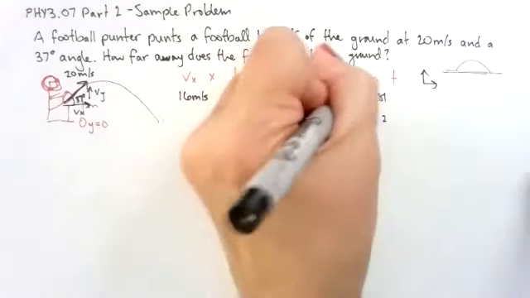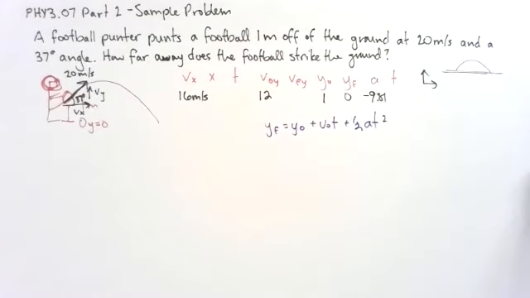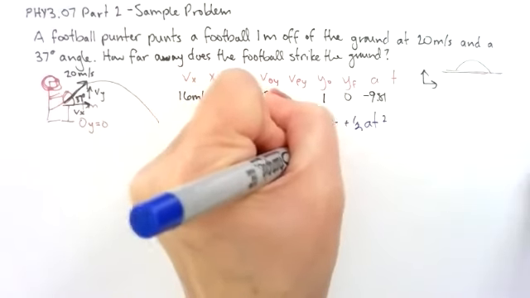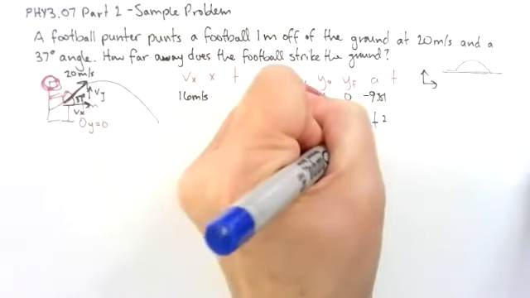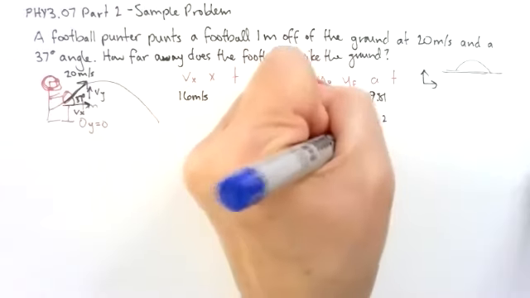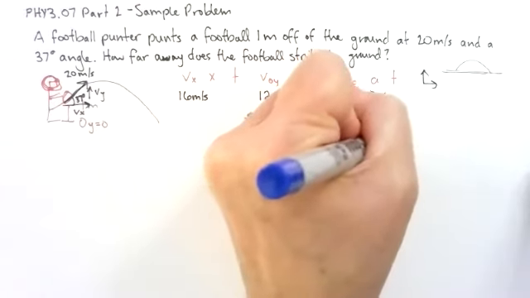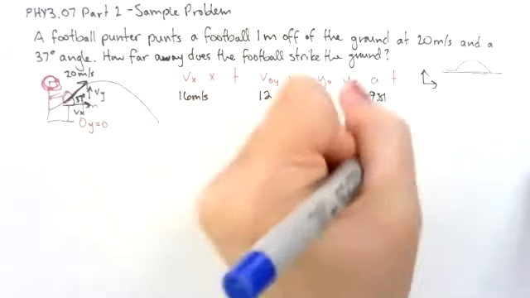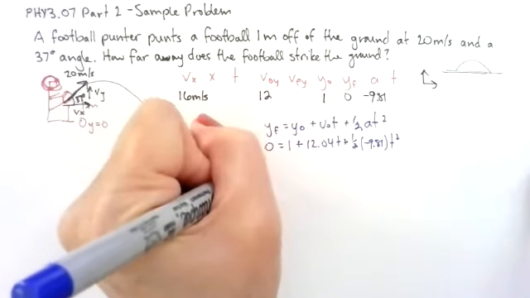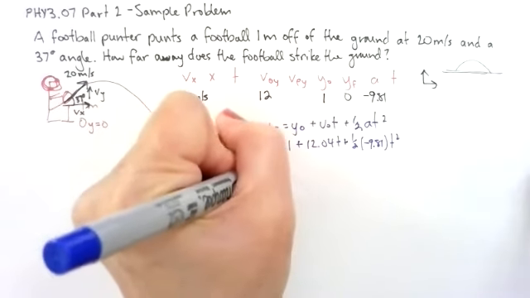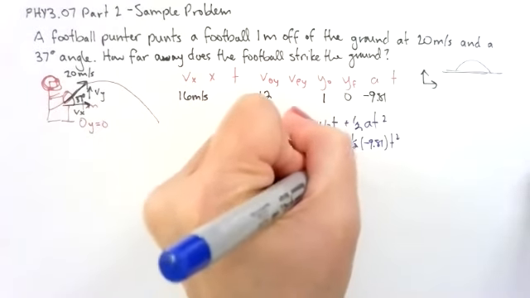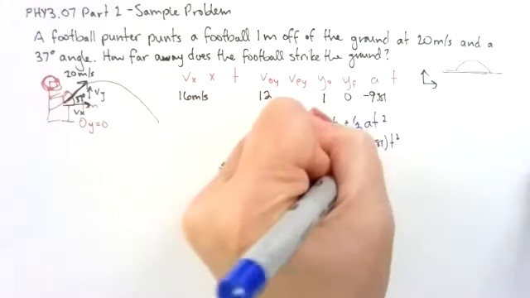So we're landing at the 0 point. When I plug in my variables, I end up with 0 equals 1 plus 12.04 t plus 1/2 negative 9.81 t squared. If I flip this around and put it into a quadratic, I get negative 4.91 t squared plus 12.04 t plus 1 equals 0.